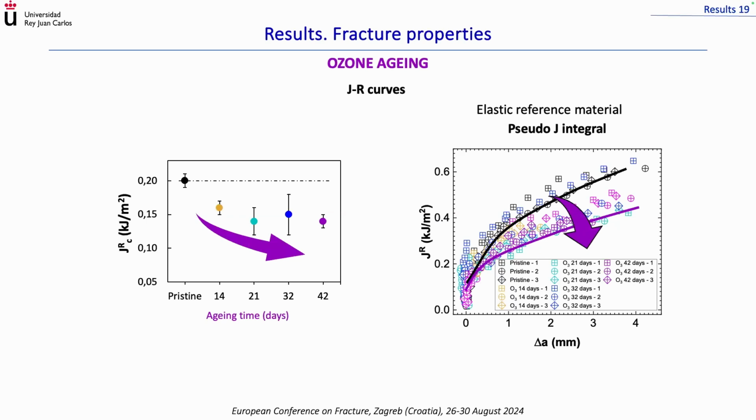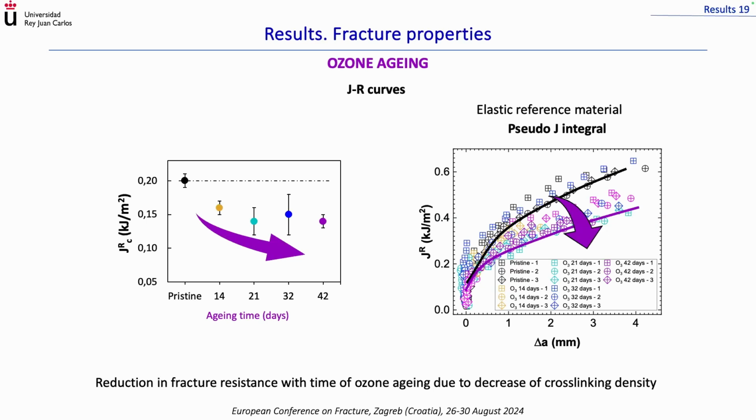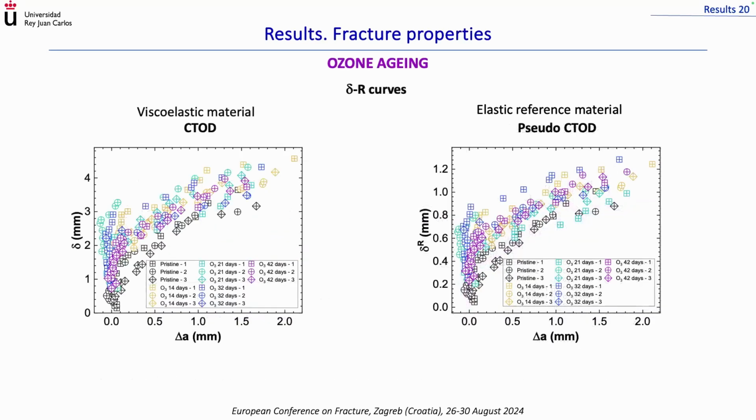We discard the viscoelastic dissipation, and we observe a worse fracture response in ozone-aged specimens. The reason: a decrease of the cross-linking density of the matrix during this aging process. And in the case of the resistance curves in terms of the crack tip opening displacement, the opposite trend is observed because the matrix is more flexible.